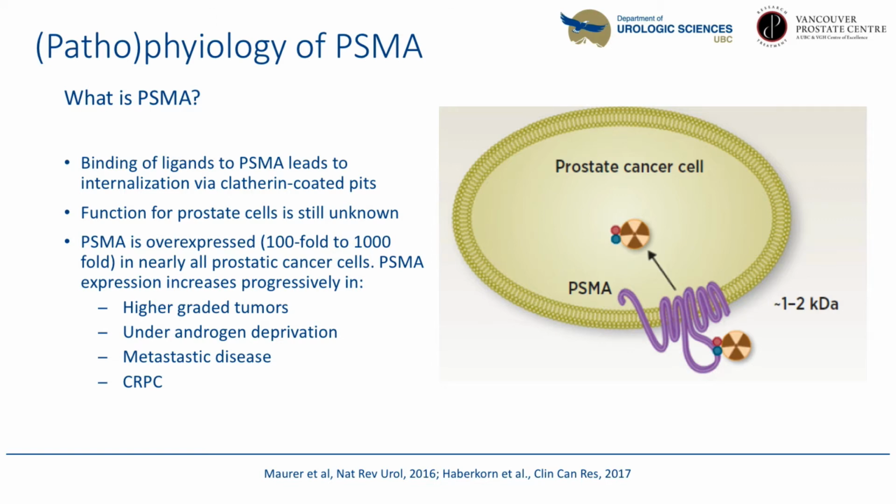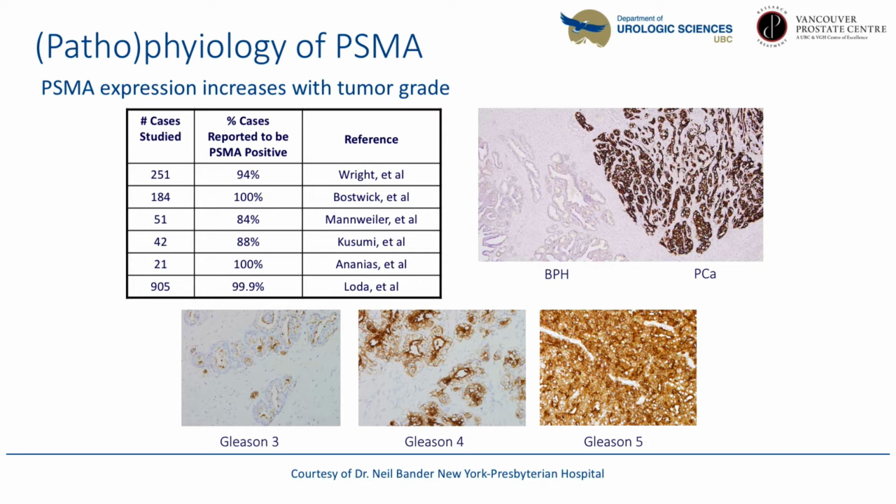So this is a summary of the studies that looked histopathologically at PSMA expression in prostate cancer. In 84 to 100%, there really is PSMA expression. On the left-hand side, you can see some corresponding staining, so that's immunohistochemistry staining.